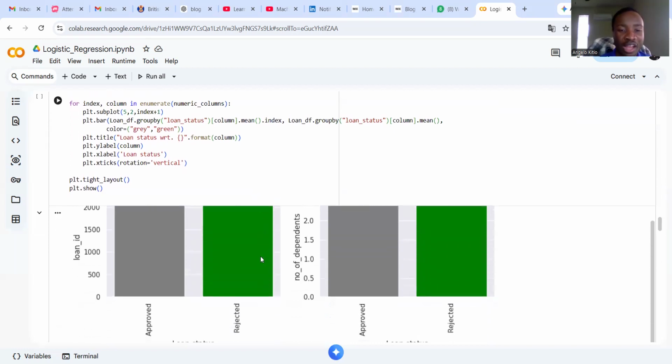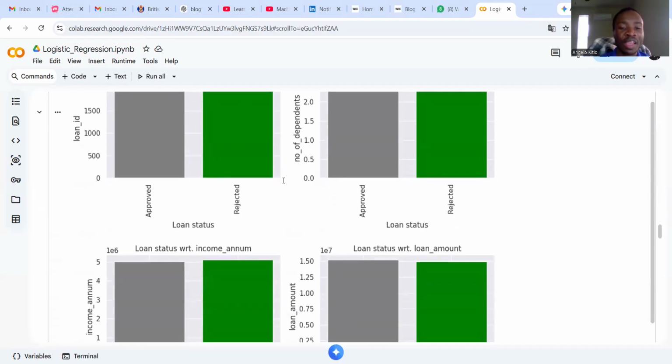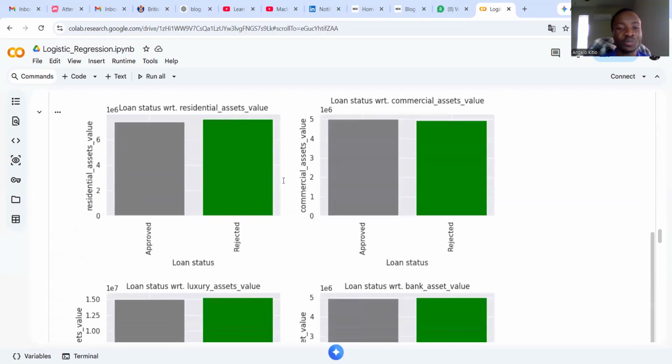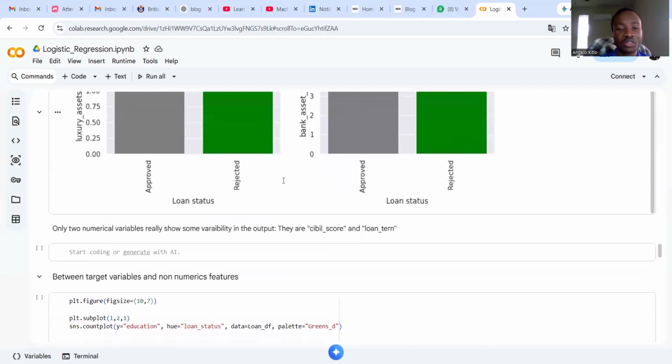So for instance, I displayed a plot between the loan status and every other attribute that we have in the data. I did it for every single variable. You don't have to do it, but the goal was to understand which variables are actually the most significant when it comes to approving or rejecting the loan of a person.